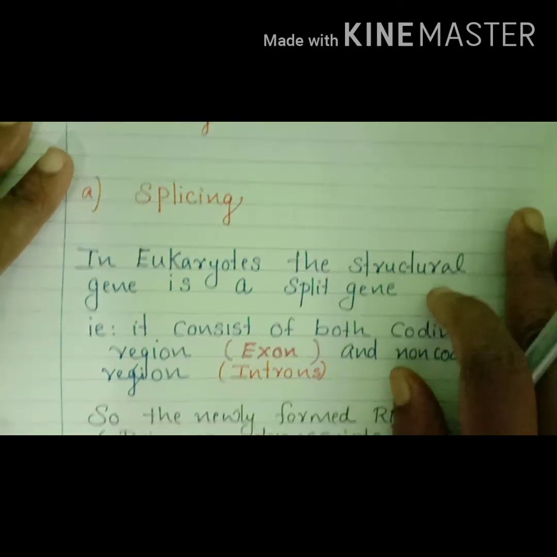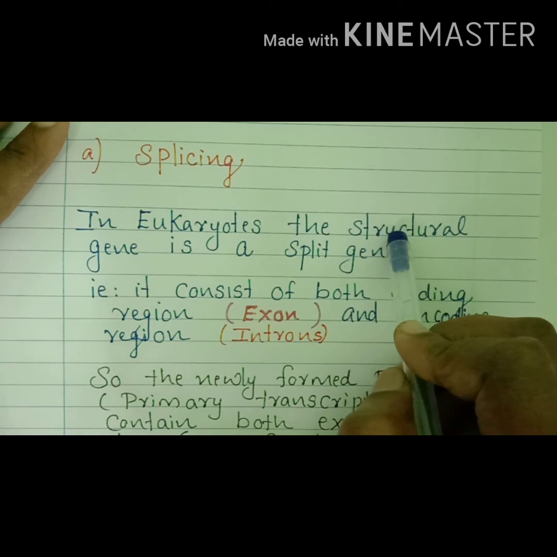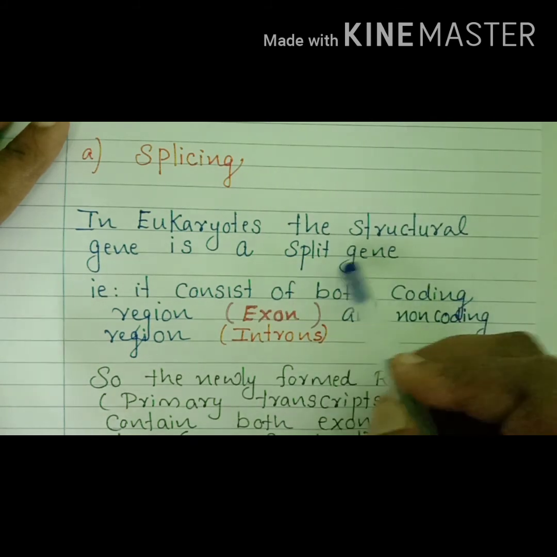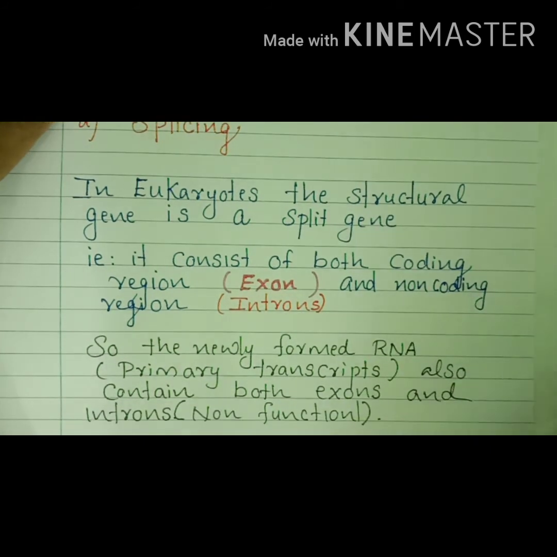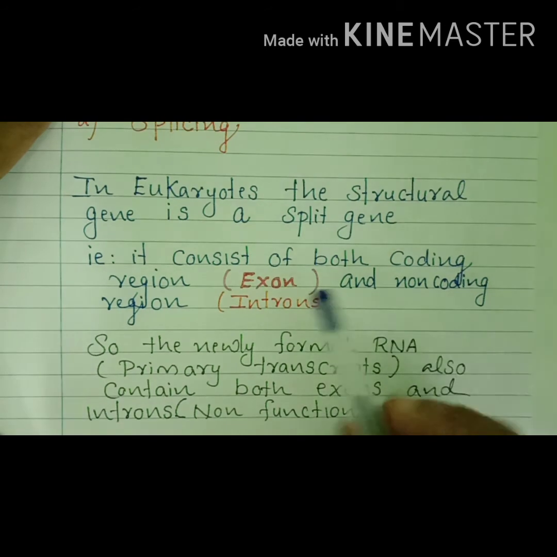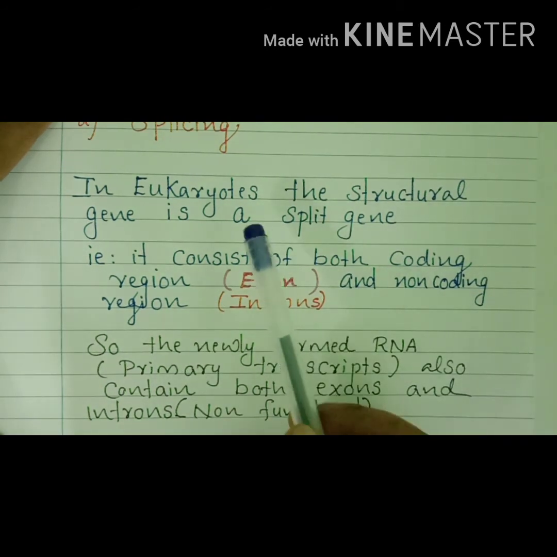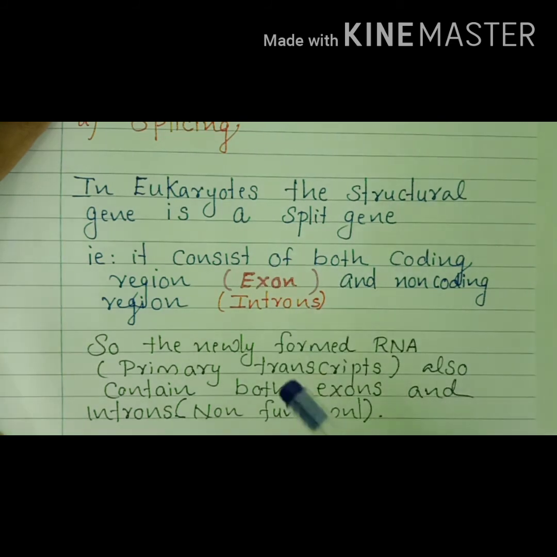Splicing. I have already mentioned that the eukaryotic structural gene is a split gene. What do you mean by split gene? The gene consists of both coding part and non-coding part. The coding region is called exon and the non-coding region is called intron.